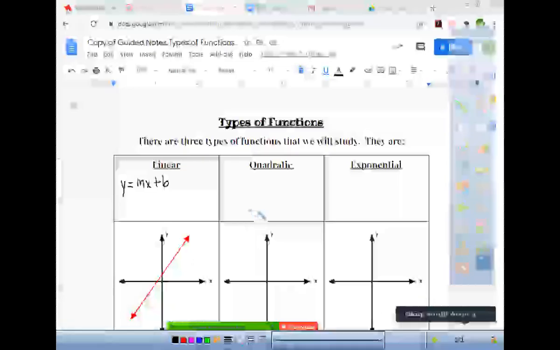A quadratic function looks like this. Y equals ax squared plus bx plus c. That's what the general equation for a quadratic looks like.